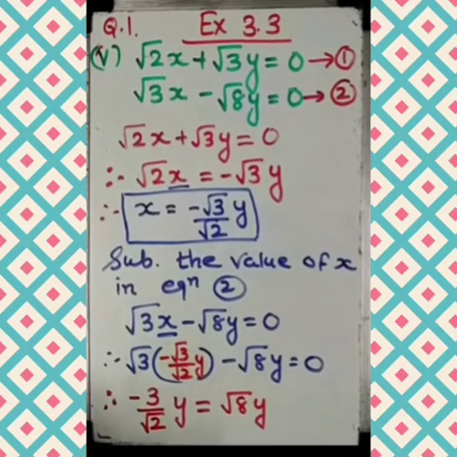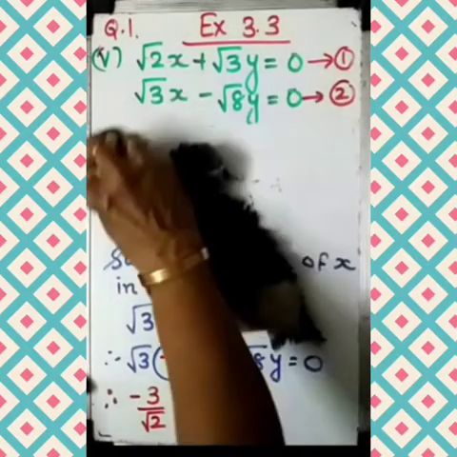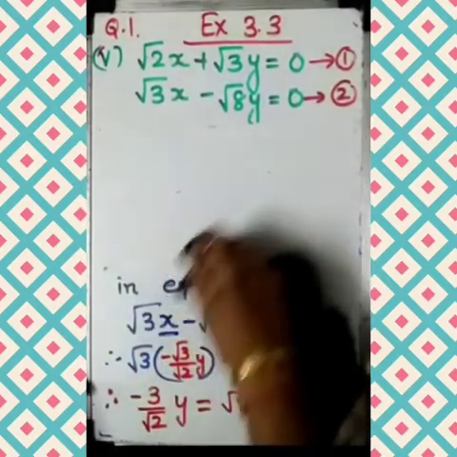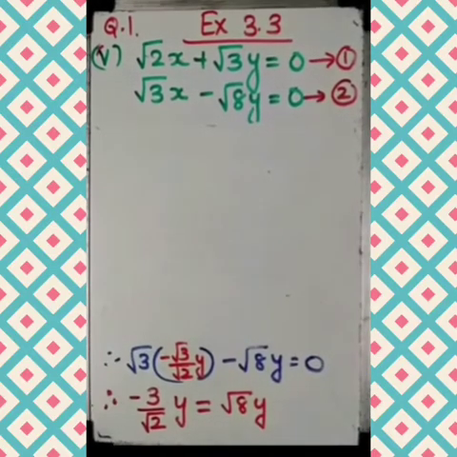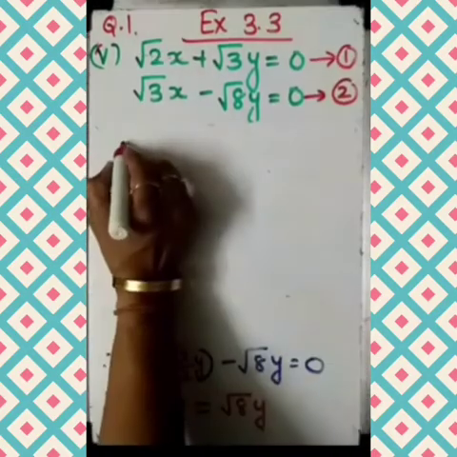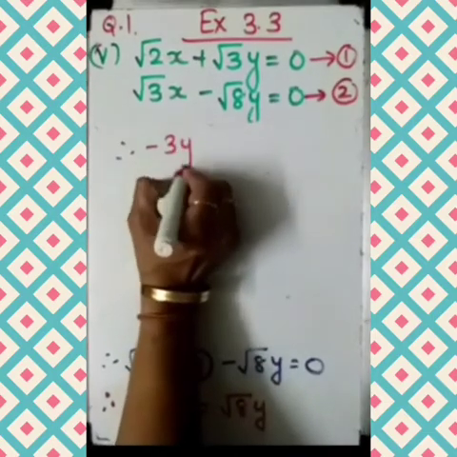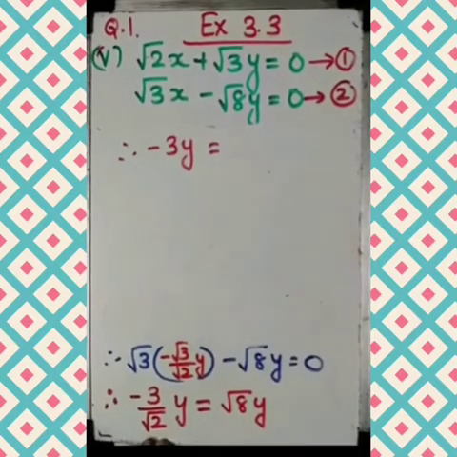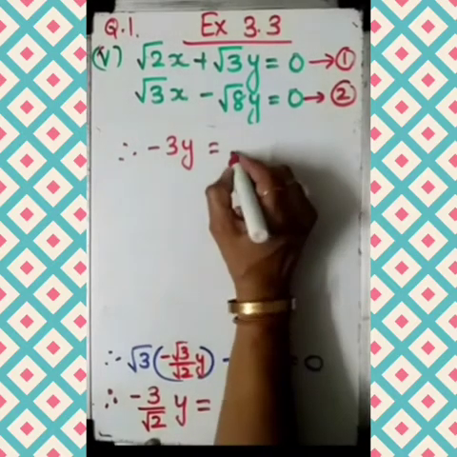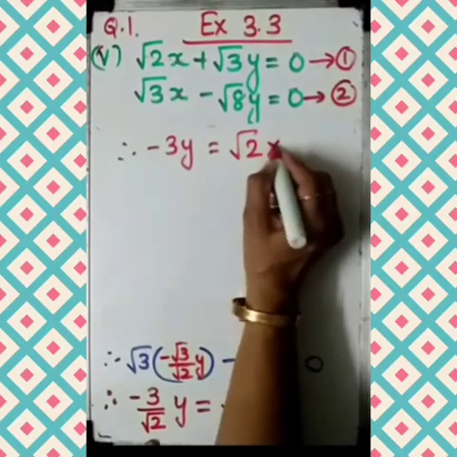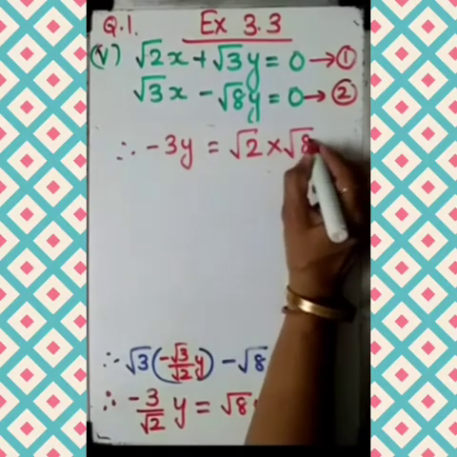Now we are working on the next step. Minus 3y on this side. This root 2 will be multiplied here, so this will become root 2 into root 8 and y.